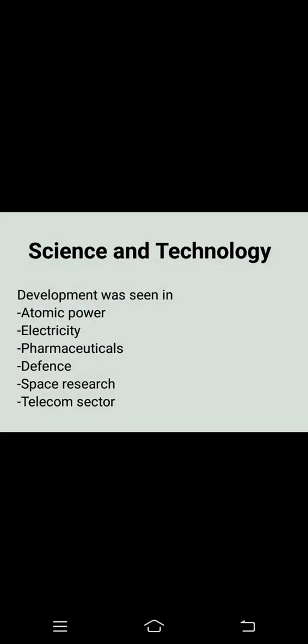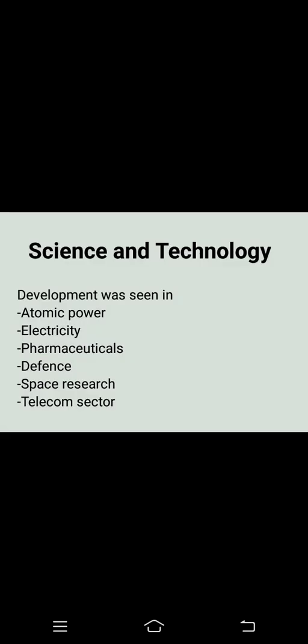I will give you the points about it. This is the image reflecting these points. At that time, development was seen in atomic power, electricity, pharmaceuticals, defense, space research and the telecom sector. So this is the image reflecting all the development that was seen in our country.